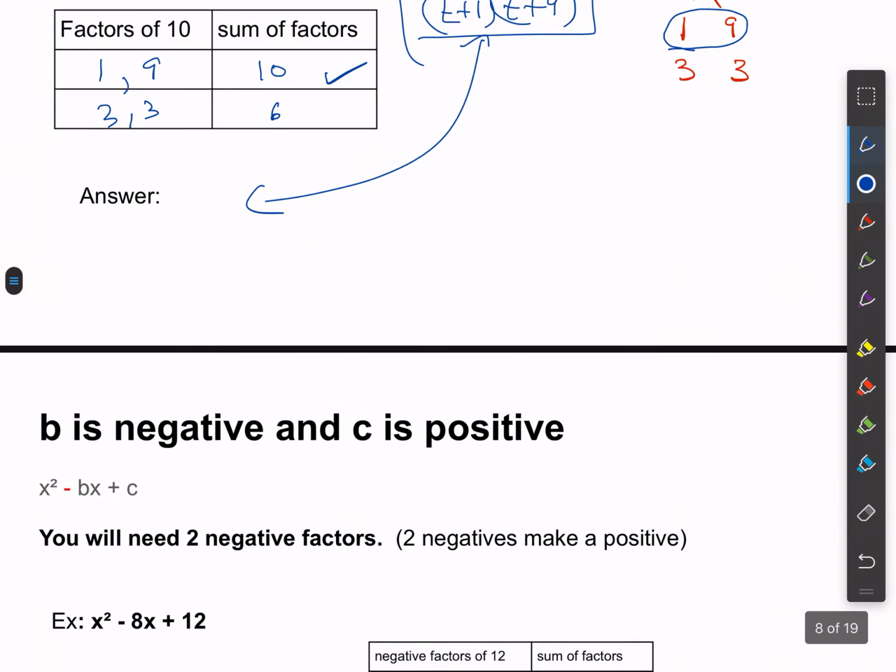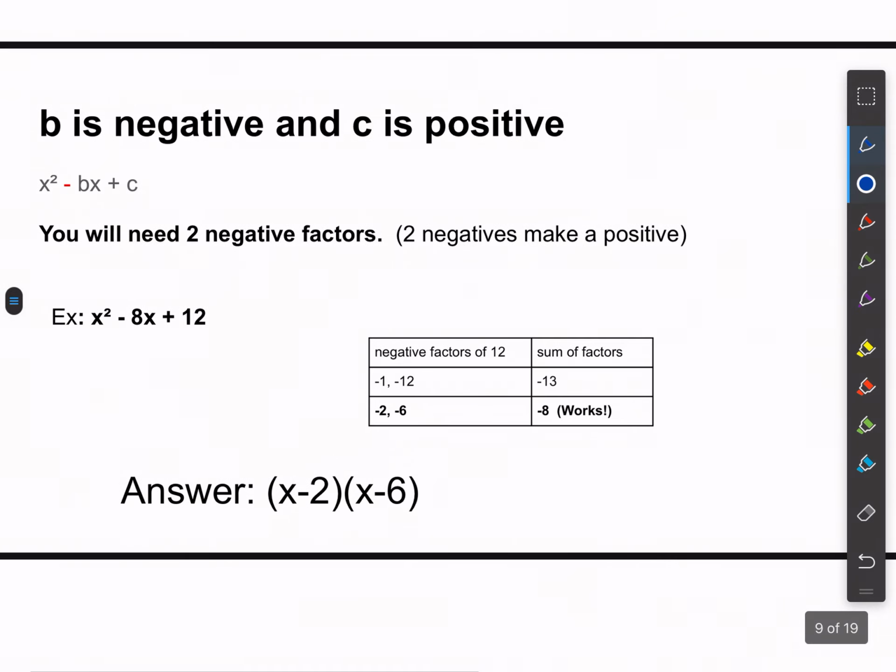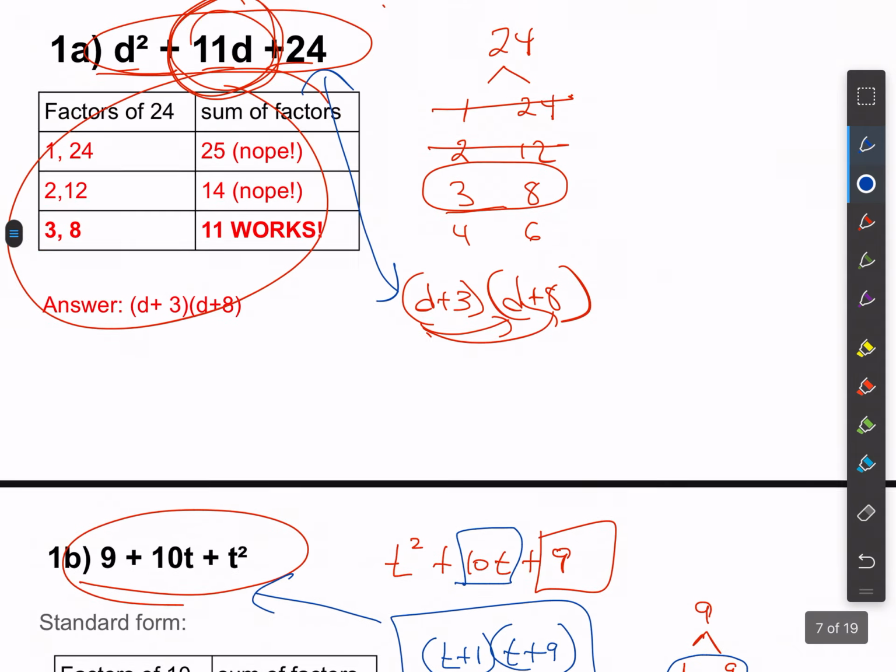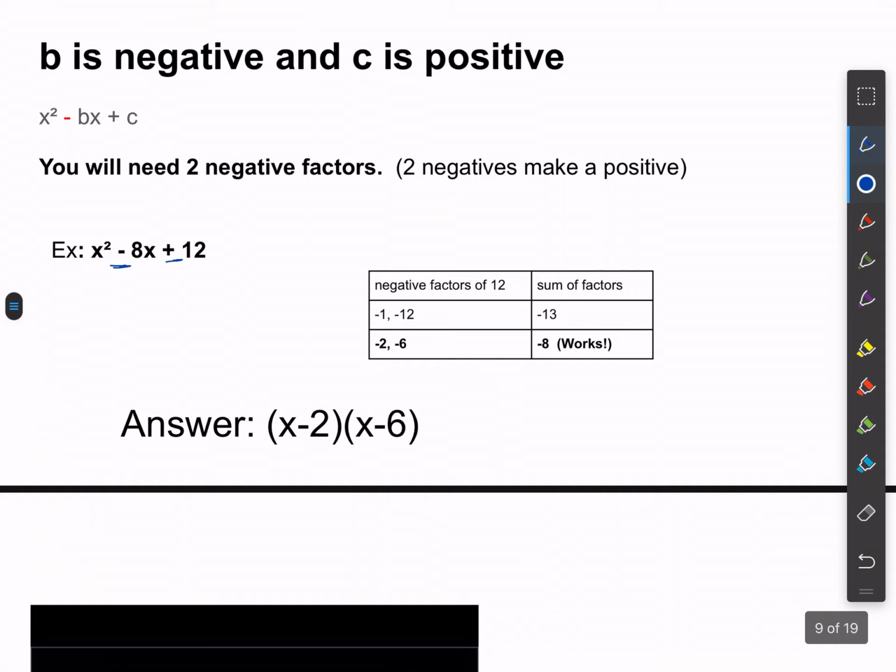Okay, so that's 1B. Now, once in a while, you guys, we will have quadratics where we have different signs. All of them up until this point have been positive. Now we are on ones where we have a negative. What's interesting is that two things that multiply to give you a positive but add to give you a negative will always be two negative factors.